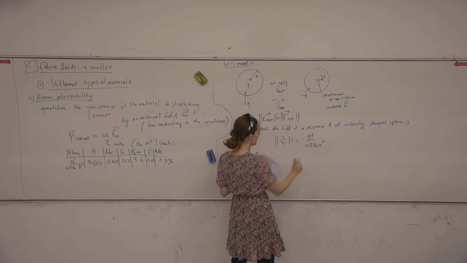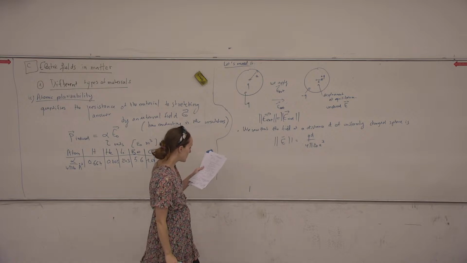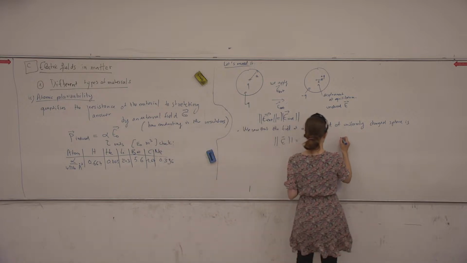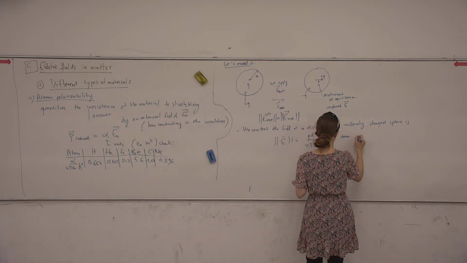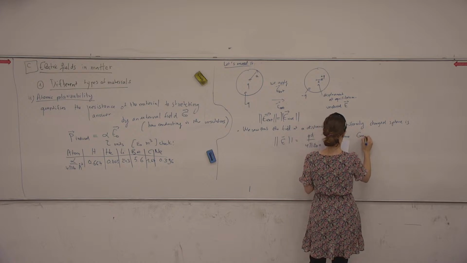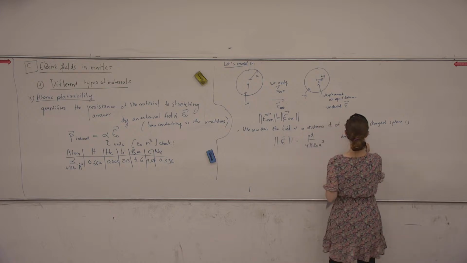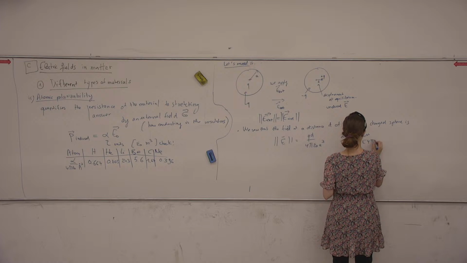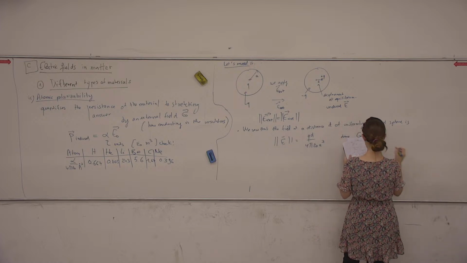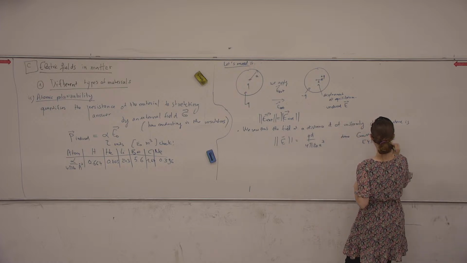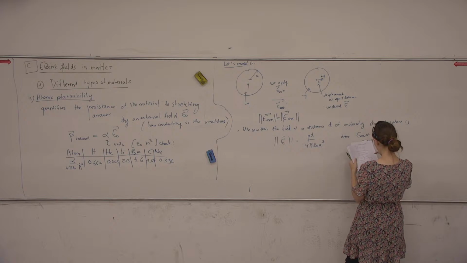Okay, Qd. And I can show it very quickly, just by applying Gauss. E 4 pi d squared is Q enclosed divided by epsilon 0.